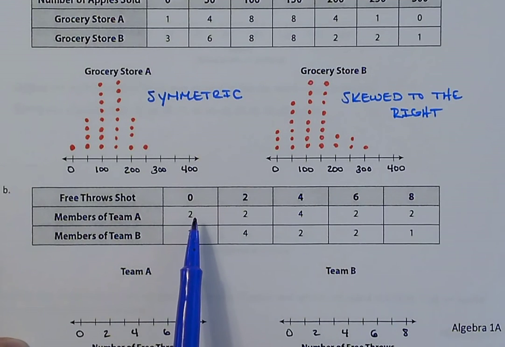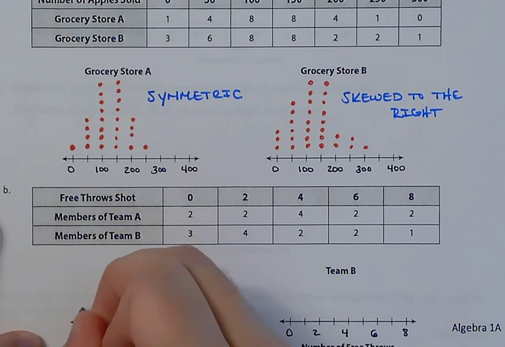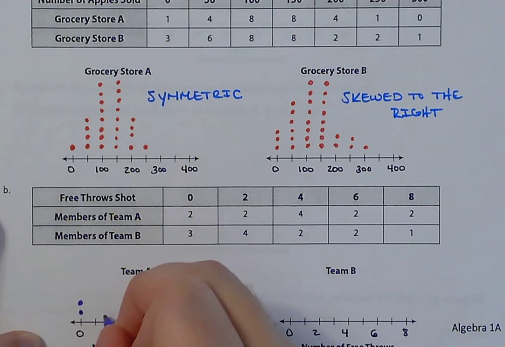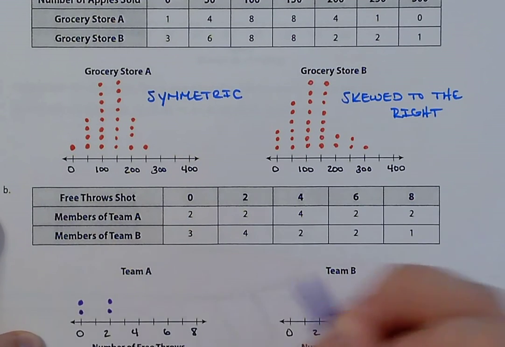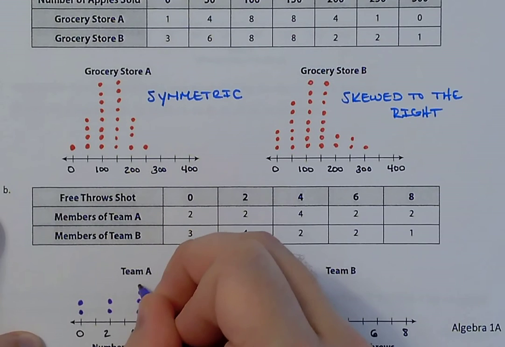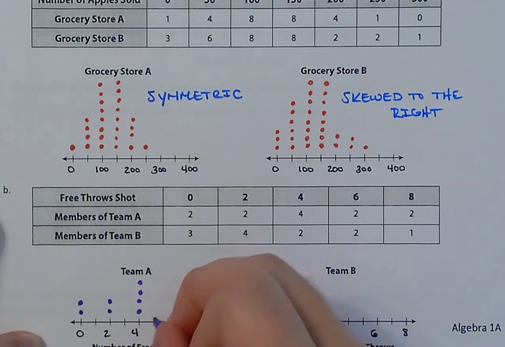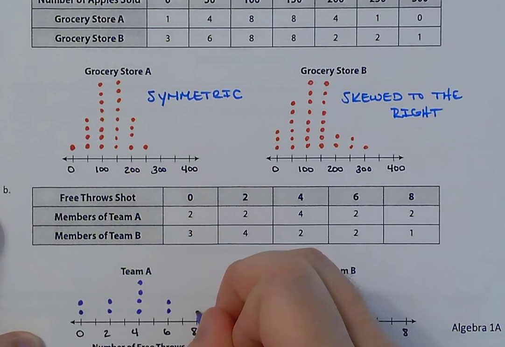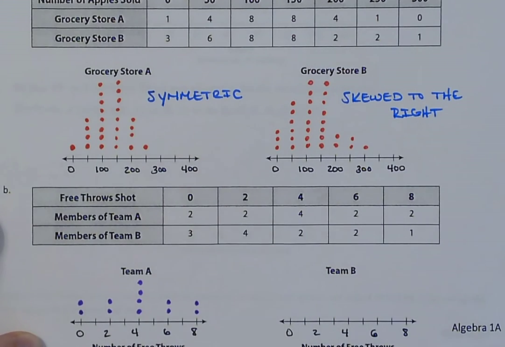For 0 free throws shot, we have 2. For 2 free throws shot, we have 2. 4 is 4. 6 is 2. And then 8 is 2 as well.